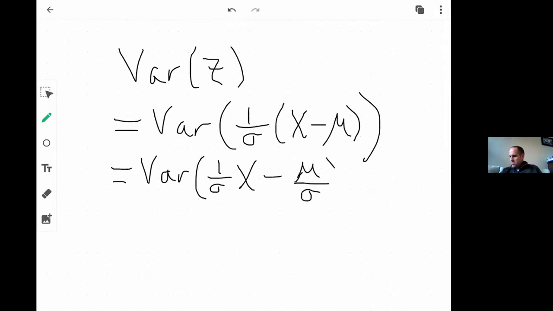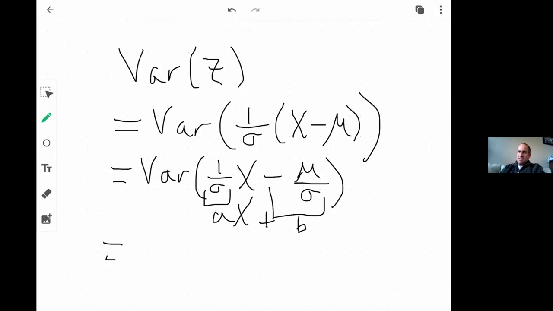And now I can see, look, this part right here is kind of like the plus b, right? This guy right here is playing the role of a, and this part right here is like the b. Does that make sense? So this is like aX plus b, where b incorporates that minus sign, okay? So I would have to just factor out the a.